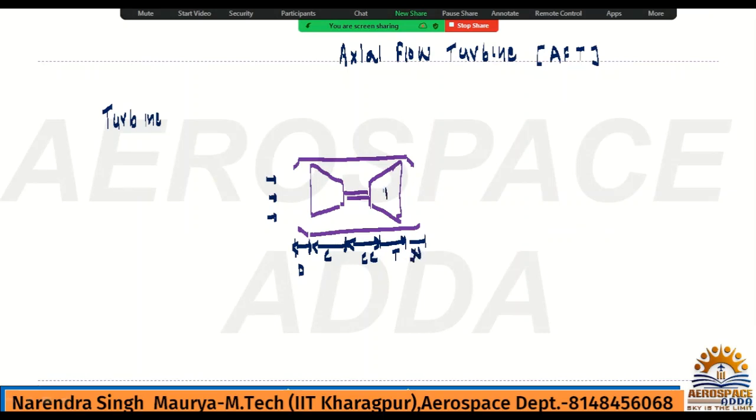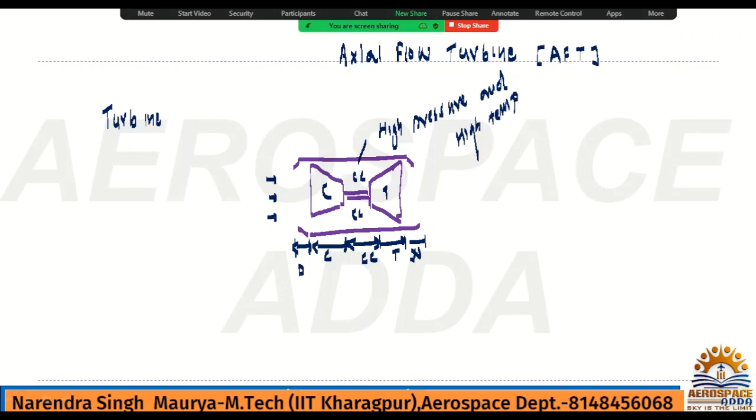Now this turbine, basically whatever the combustion products, this is the combustion chamber, the combustion chamber products are very high pressure and very high temperature, okay.